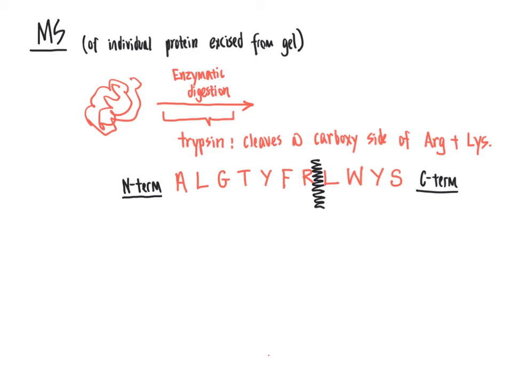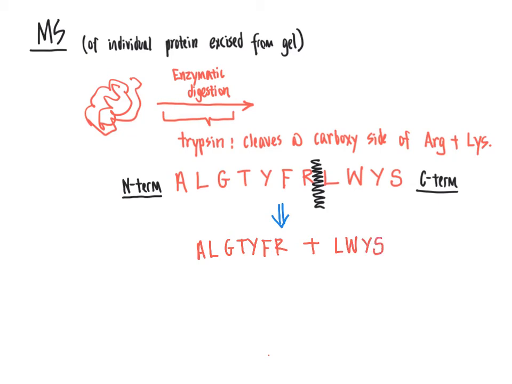Lysine has the one-letter abbreviation K, which we don't see in this particular sequence. Remember that L here stands for leucine, not lysine. Lysine is K. We don't see a K here, and so there are no lysine carboxy-side termini to cleave here. So as a result of digesting this with trypsin, the product would correspond to two peptide fragments to analyze, corresponding to the sequence that I've listed here on the left, as well as the tetrapeptide sequence that I'm listing on the right here.